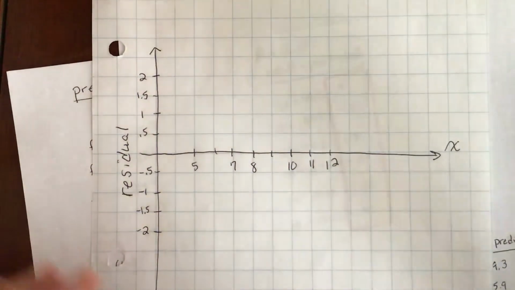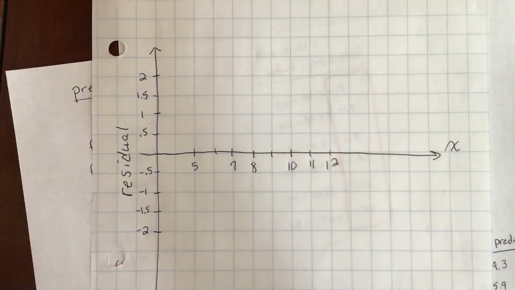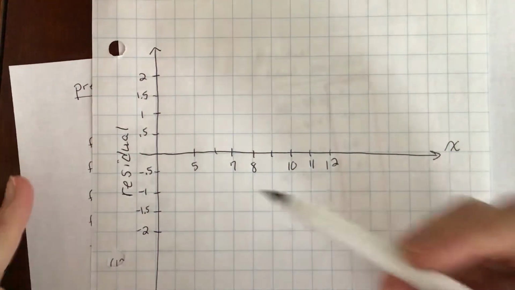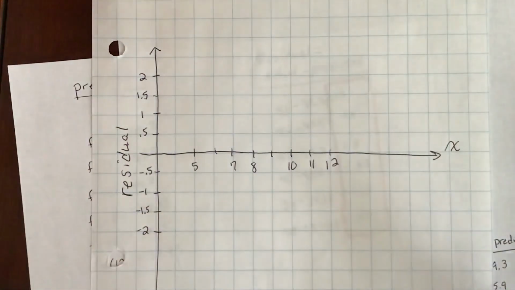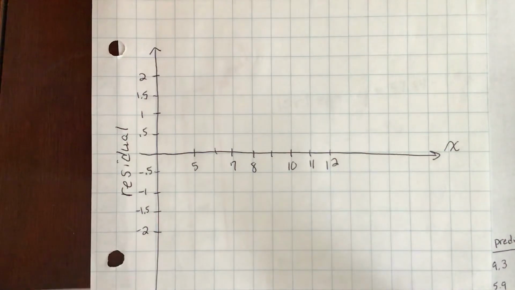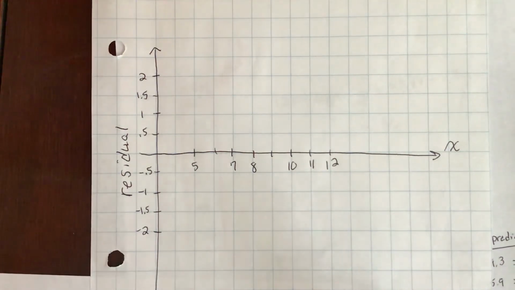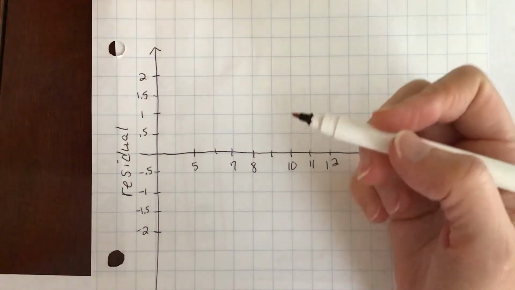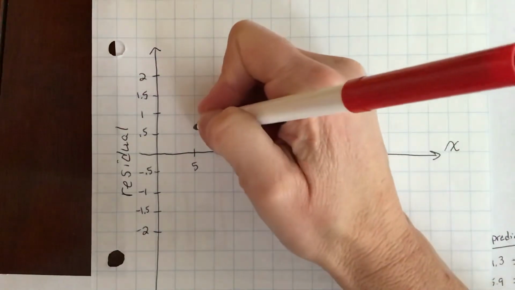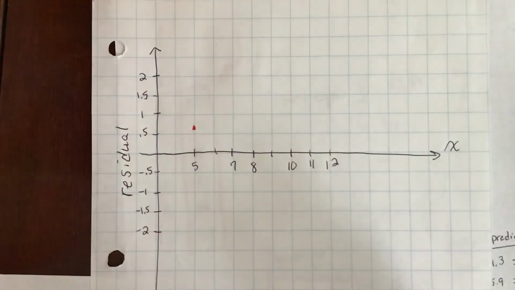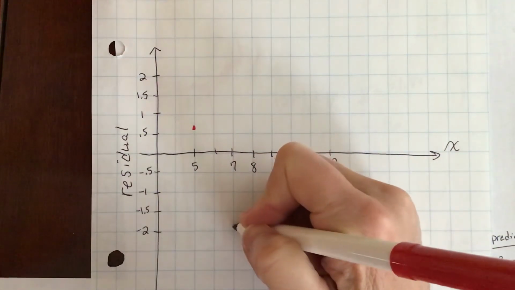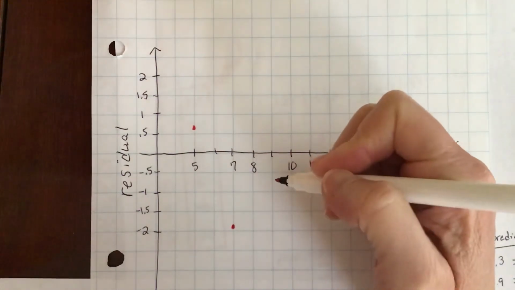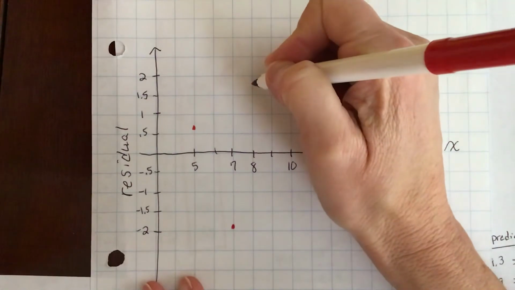So to graph our residual plot at each of the indicated X values, we are going to plot what the residual is. So at 5, the residual value was 0.7. At 7, the residual value was negative 1.9. At 8, it's a positive 1.8.